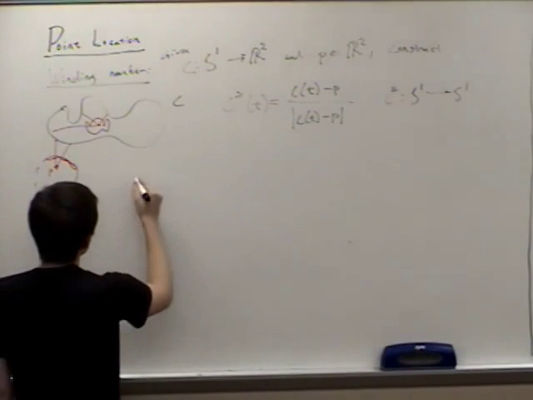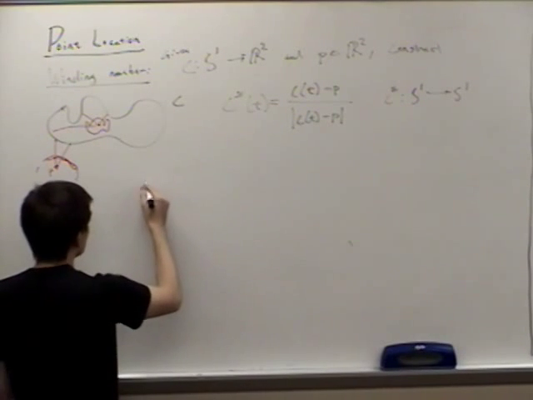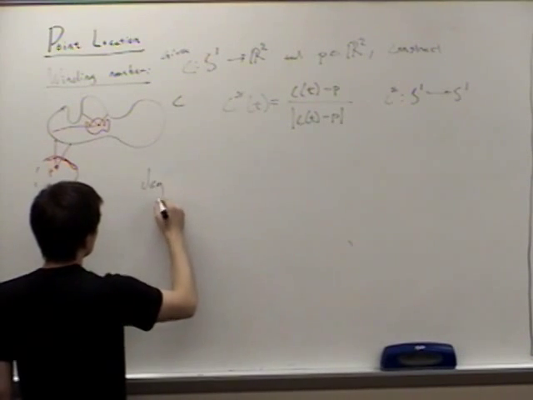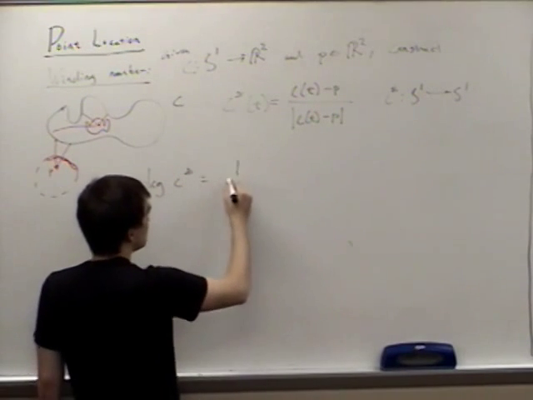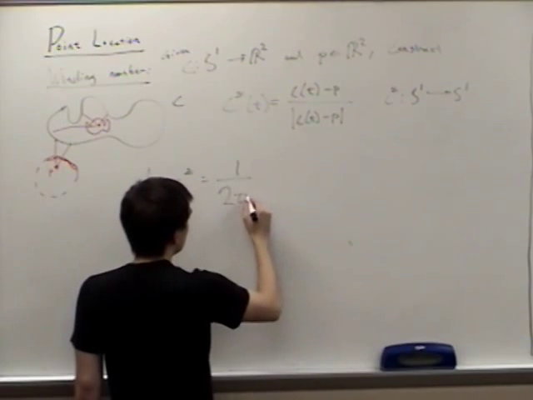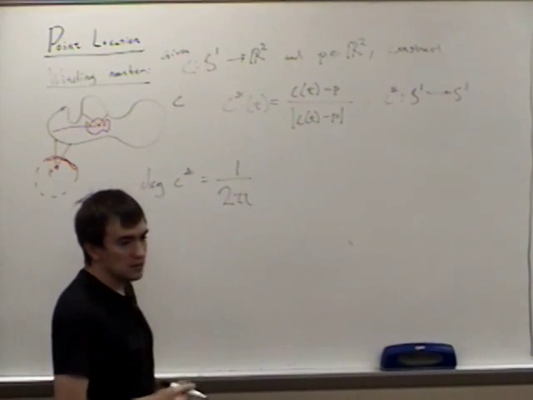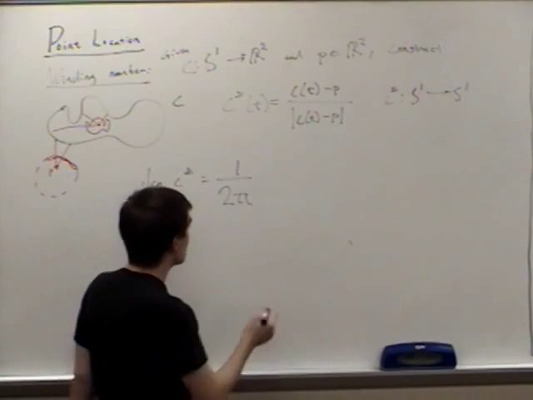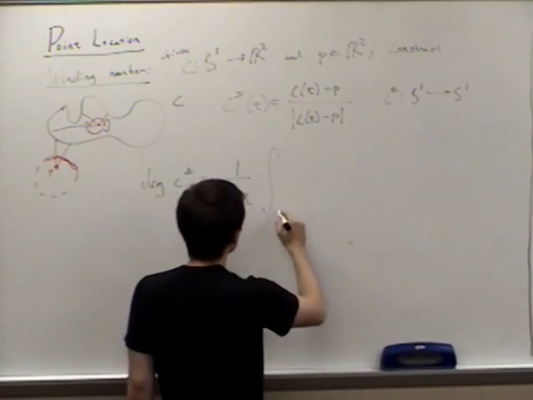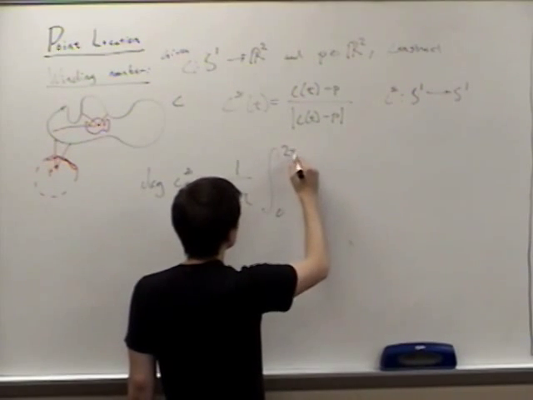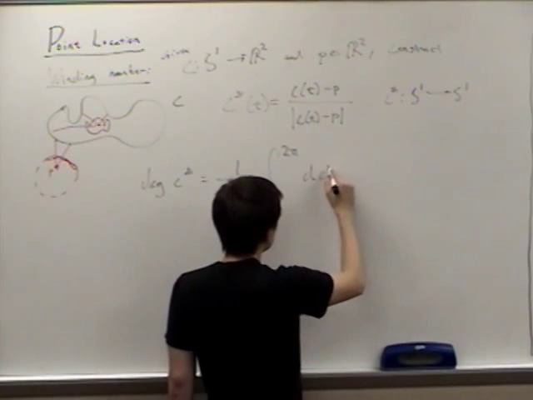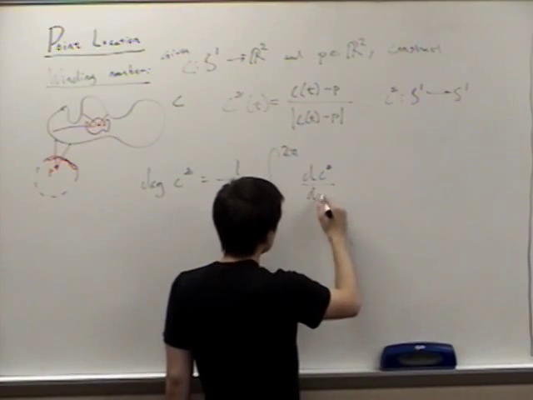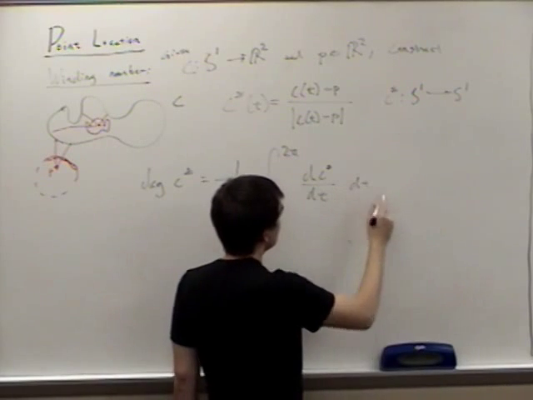So the degree, or winding number, of this map C star is equal to 1 over the length of this circle, which is a unit circle parameterized from 0 to 2 pi, followed by the integral from 0 to 2 pi of the derivative C star dt dt.